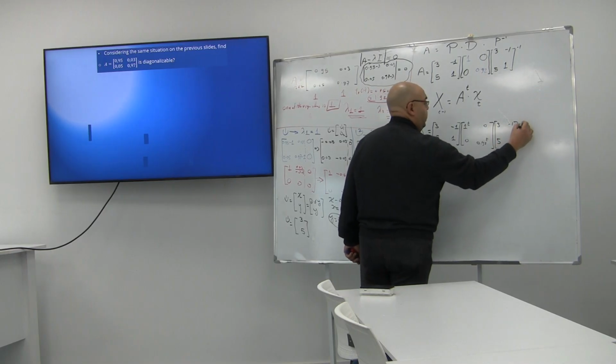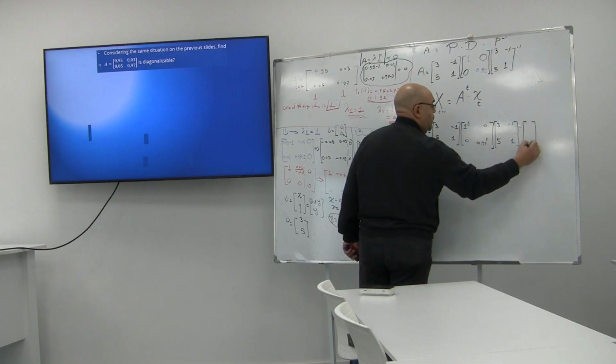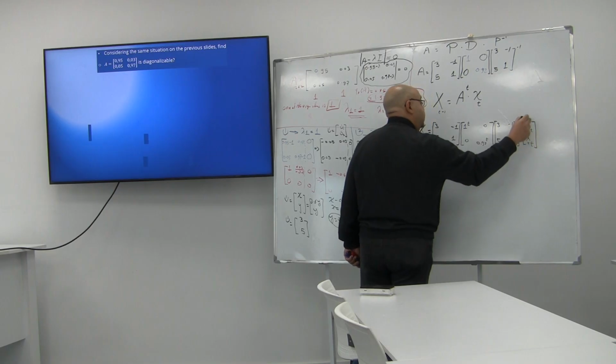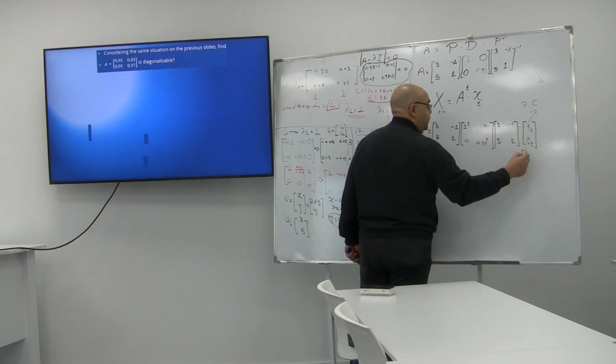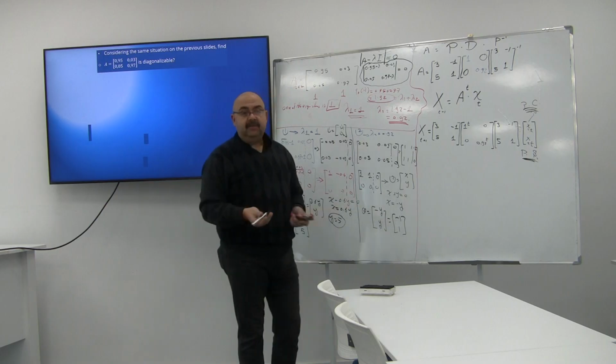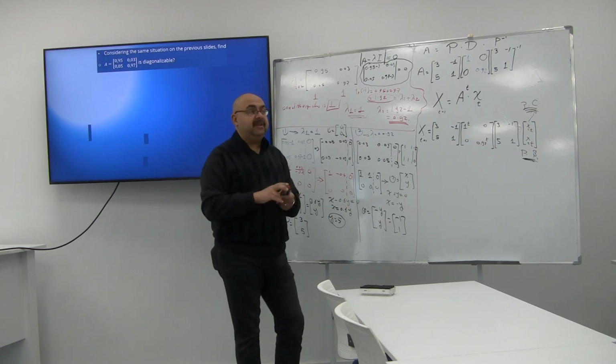And this is times the x naught, which is x1 naught and x2 naught, or x1 at time t and x2 at time t. This stands for the population of the city, and this is the population of the suburbs. Are you with me? At the initial starting, the initial values.